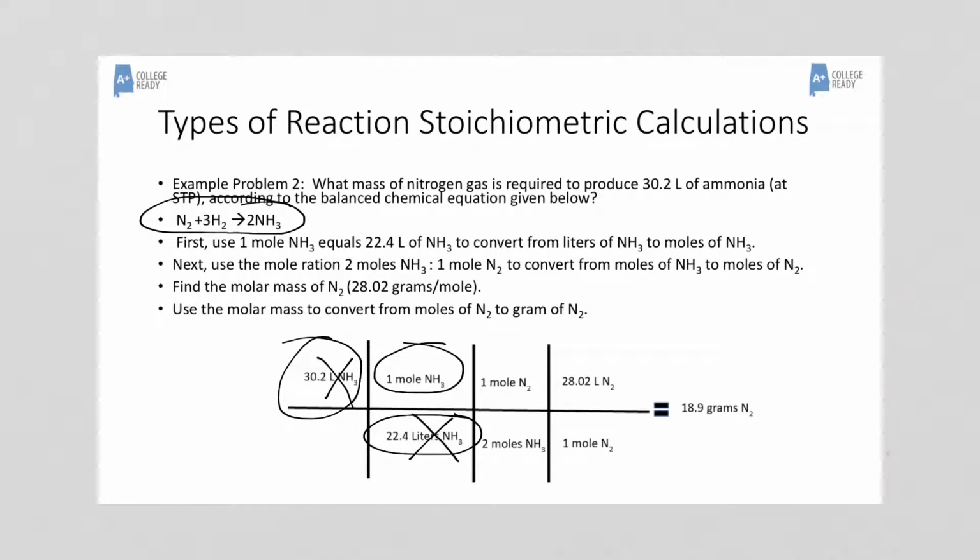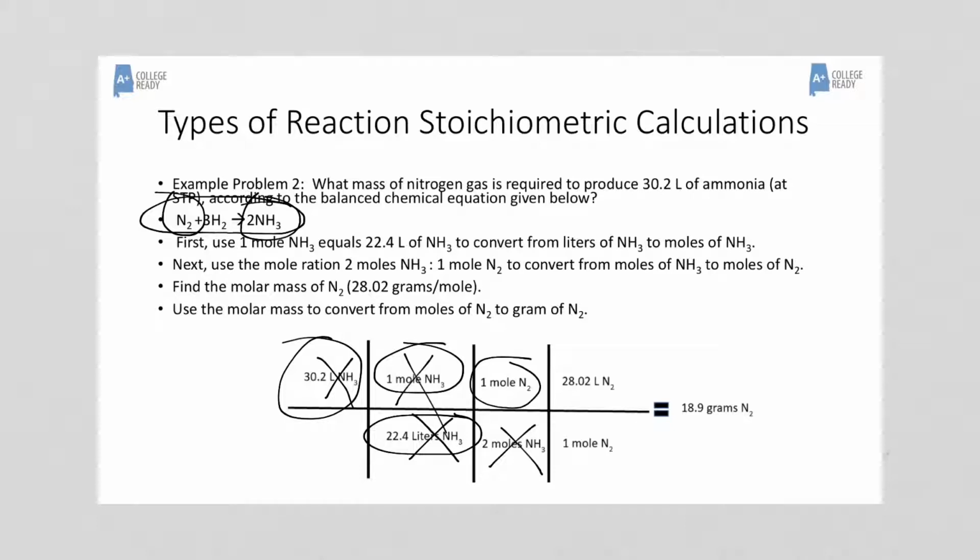Now we're going to use the mole ratio from our equation: 2 moles of ammonia for every 1 mole of nitrogen that we started with. This time the ammonia portion of that conversion factor has to go on the bottom so that these moles cancel with these moles. The nitrogen portion goes on top.